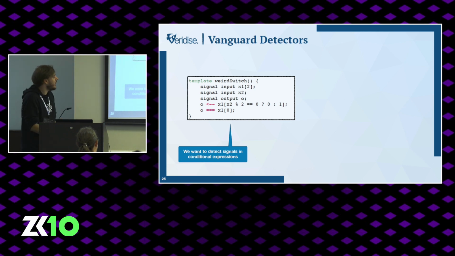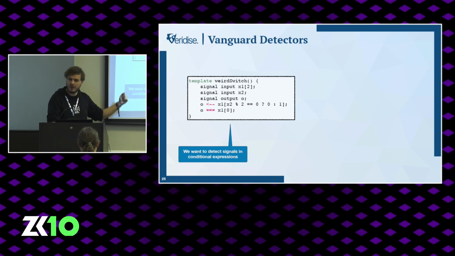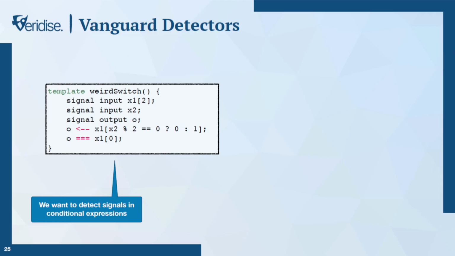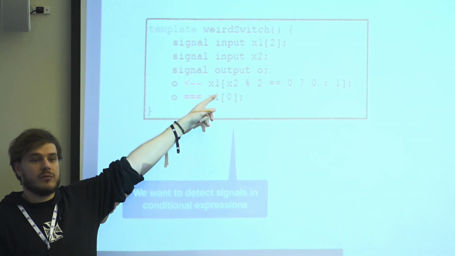Now, this will be what we call a non-deterministic circuit. We have here that x2 is odd or even, then we assign 0 or 1, and we use that 0 or 1 as the index for x1.